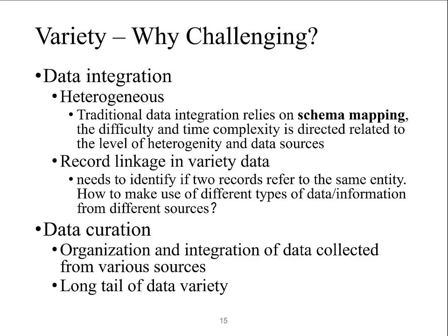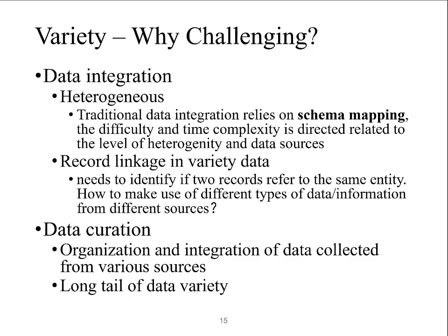Also, record linkage in variety data is challenging. The task of record linkage is to identify whether two records are referring to the same entity or not. Since now we have data with different sources and different types, it seems that we can do more, but the fact is the difficulty increases as well.